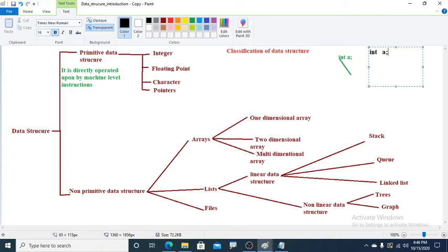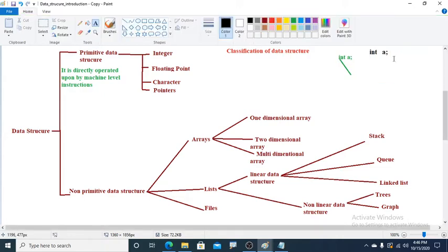What does it mean? In previous classes we learned it is a declaration of a variable.